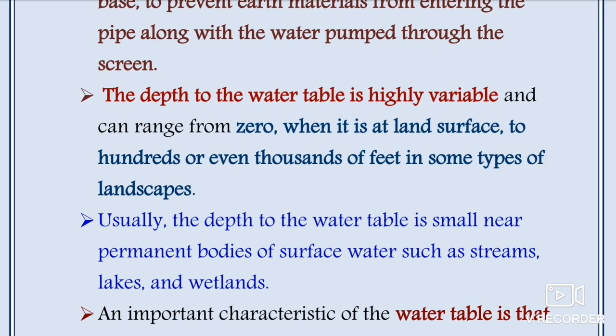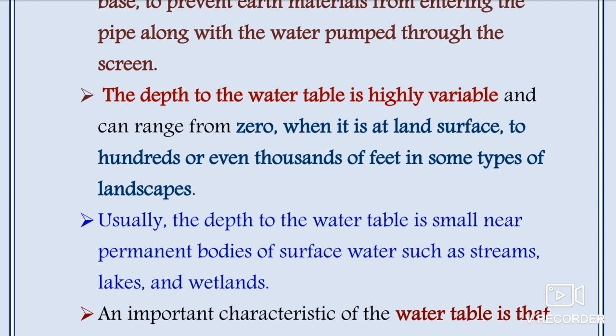The depth to the water table is highly variable, and it can range from zero, where it is at the land surface, to hundreds or even thousands of feet in some types of landscapes. That's why we have defined the water table as a gently curved surface, not a straight line, because it varies from place to place.